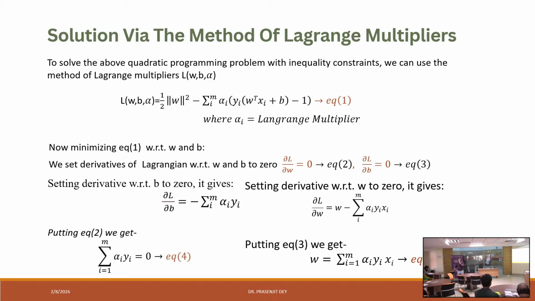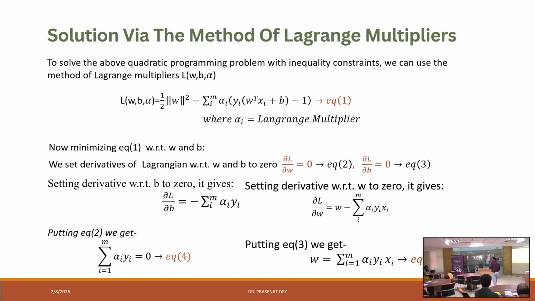No. So those data points for which alpha has a non-zero value will contribute to this optimization equation. The others are not going to contribute. Those training samples for which alpha is non-zero are the support vectors.